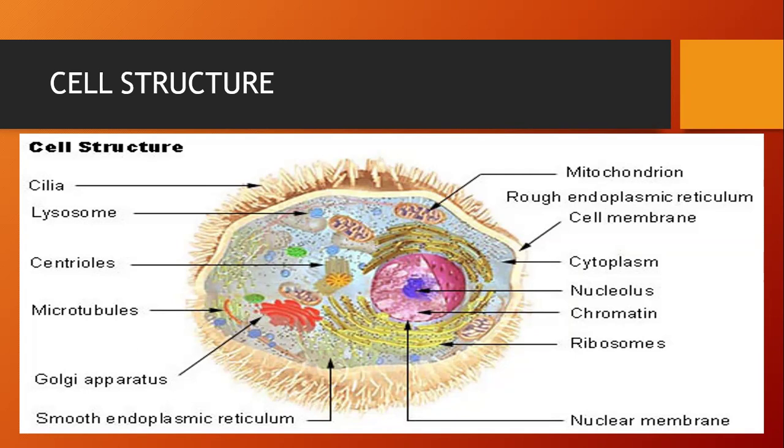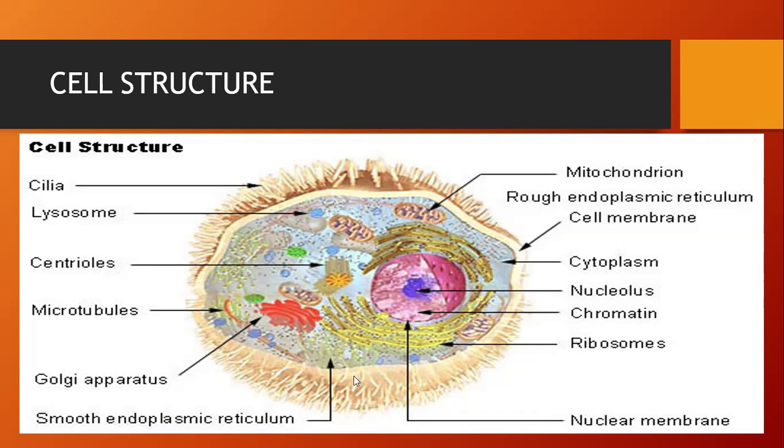Now, the next on our list is the endoplasmic reticulum. Now, we have two kinds of endoplasmic reticulum. As you can see, we have the smooth endoplasmic reticulum and we have the rough endoplasmic reticulum. Now, what is the difference between these two?